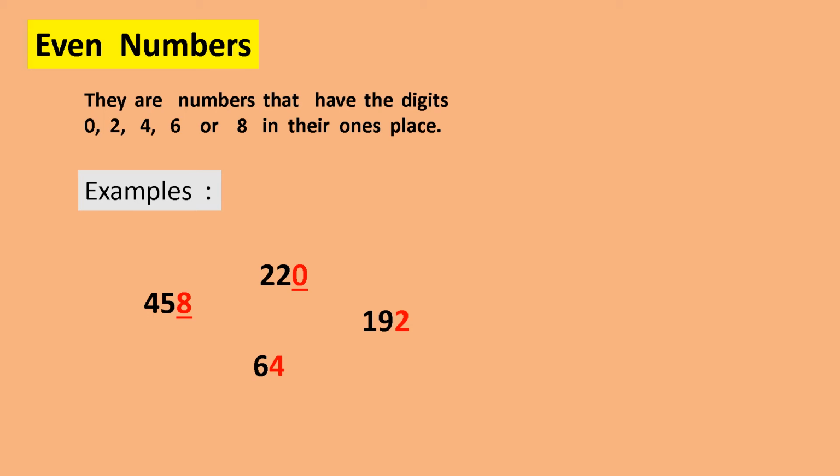It is also an even number. And this one, 6, is an even number. Okay, so remember, we call numbers with 0, 2, 4, 6, or 8 in the ones place even numbers. Okay?